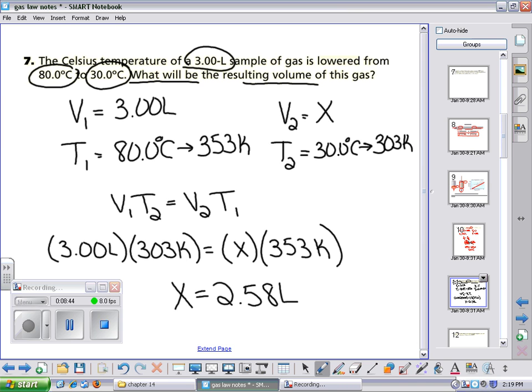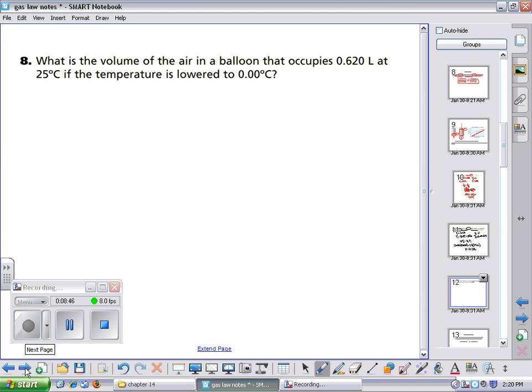And we'll do one more. This one, what is the volume of the air in a balloon that occupies 0.620 liters at 25 degrees Celsius if the temperature is lowered to 0? So what is the volume of the air in the balloon that occupies 0.620?